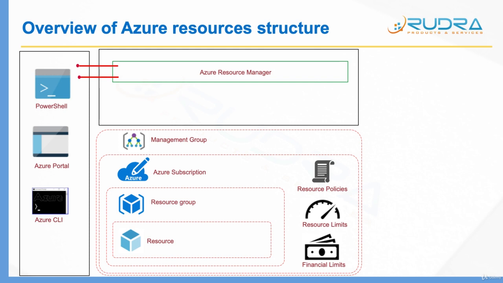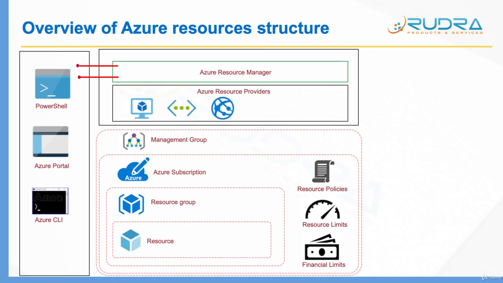However, Azure Resource Manager won't contain the complete functionality. It's just an umbrella. For example, once a request comes to Azure Resource Manager to deploy a virtual machine, it will identify the resource type is virtual machine, and it will delegate that request to an appropriate Azure resource provider, in this case for virtual machines, and the resource provider will manage or deploy the resource.